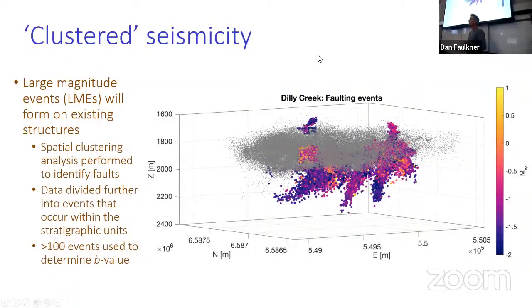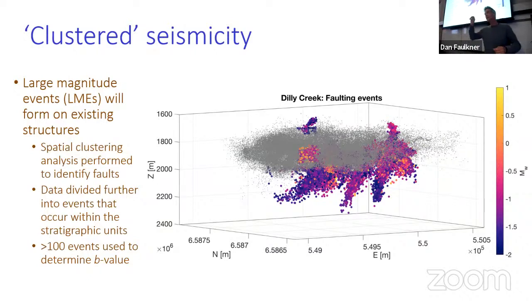So I think one of the criticisms in the past for using b-values to try to predict seismicity is that when you do fluid injection experiments, you produce lots of tiny little events, which may be within the rock mass, but not focused on a fault in the subsurface.